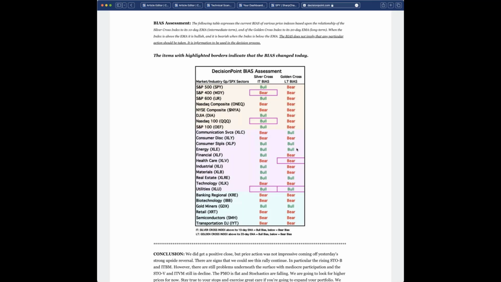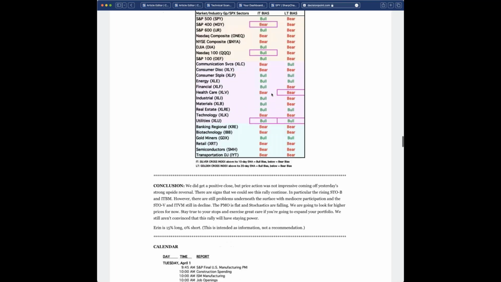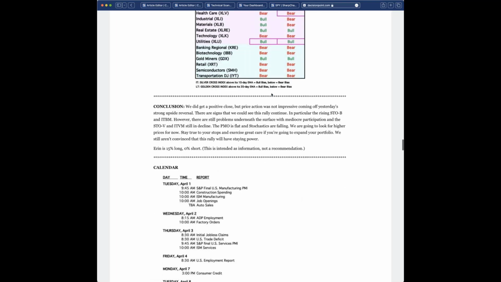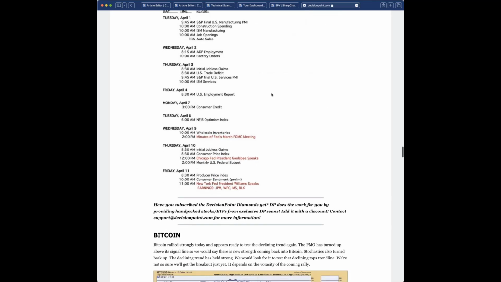And with the bull ones, that means the Golden Cross Index is above its signal line. And this gives us a really good picture of what the short-term conditions are. You can see that we do have a lot of bullish readings here. And I'll tell you that a couple days ago, it was very bearish. So we are seeing the kind of changes we want here. So that is the trend and condition of the market that you need to know.